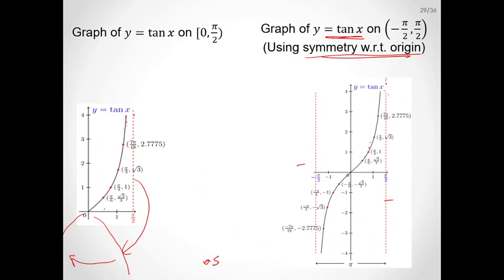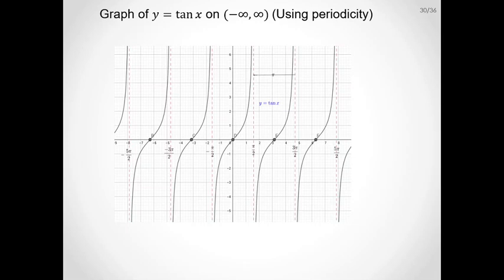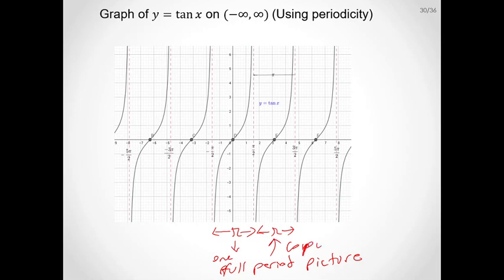Now also I want you to remember this: the period of tangent is pi, as we know, and we got a window of pi length. So we can make a copy of it. We take the pi length window and we copy it. This is one full period. If you get one full period picture, then copy, and it will go forever.